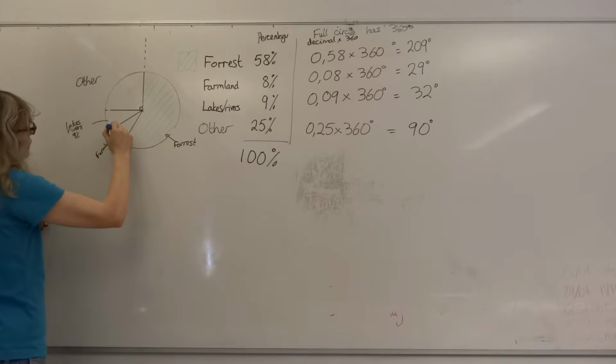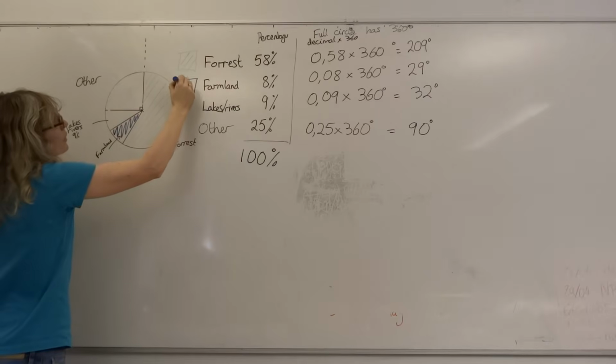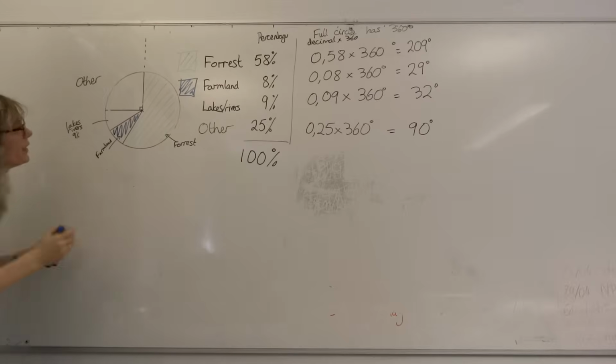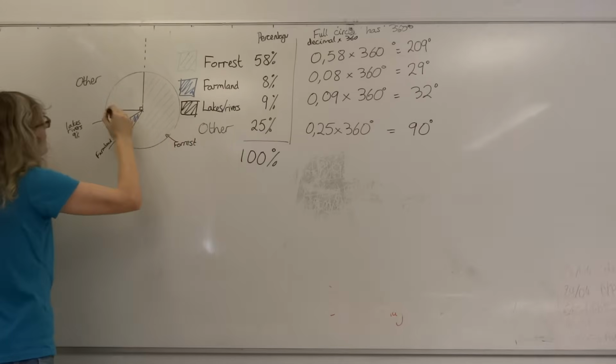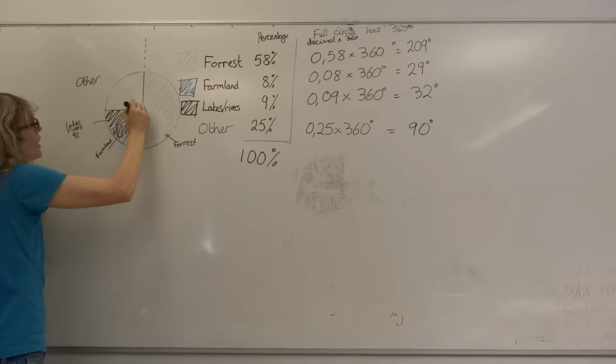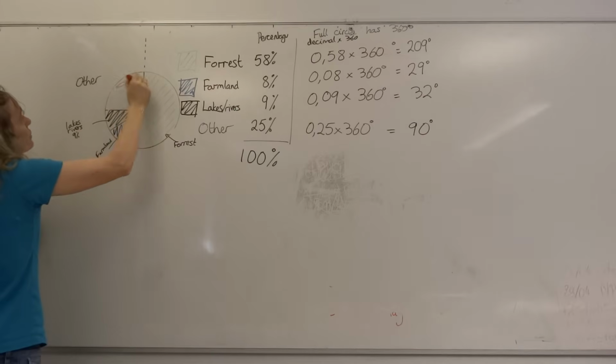We'll colour that blue. Although it would have been more sensible to have the lakes blue, sorry. Lakes are going to be black, which is maybe what they'll end up being if we don't actually start improving on how we take care of them. And then our other left over as red.